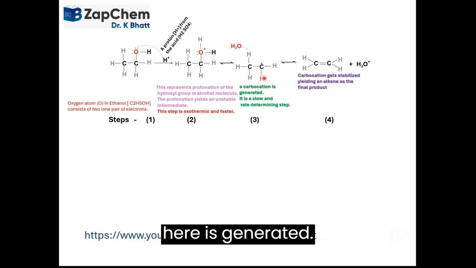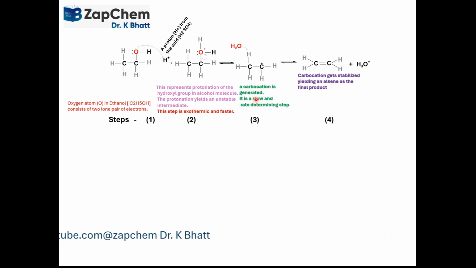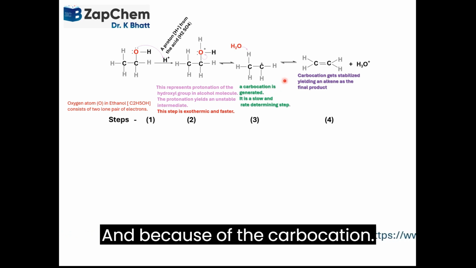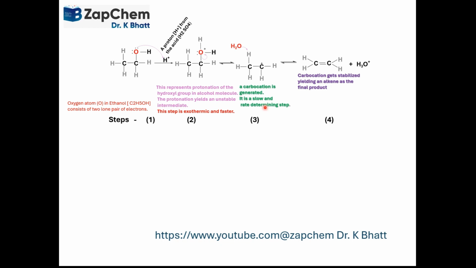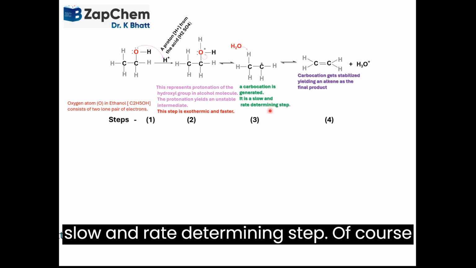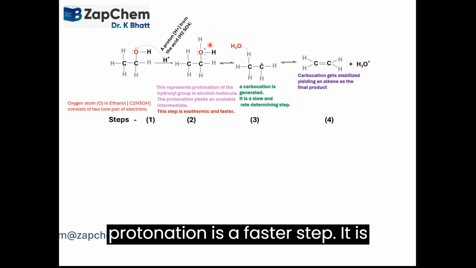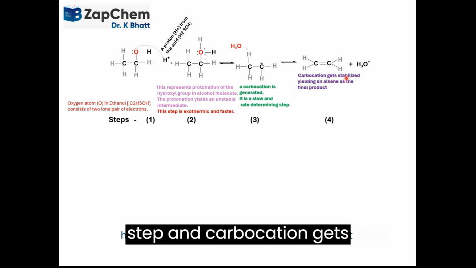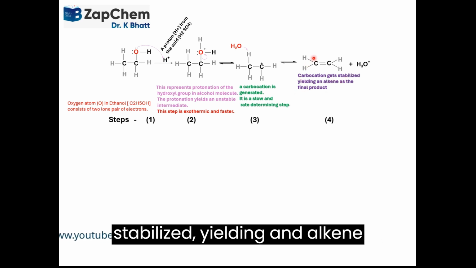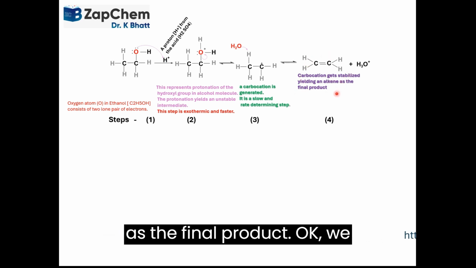And because of the carbocation, there is a slow and rate determining step. Of course, protonation is a faster step. It is exothermic in nature, whereas this is a slower step. And the carbocation gets stabilized, yielding an alkene as the final product.